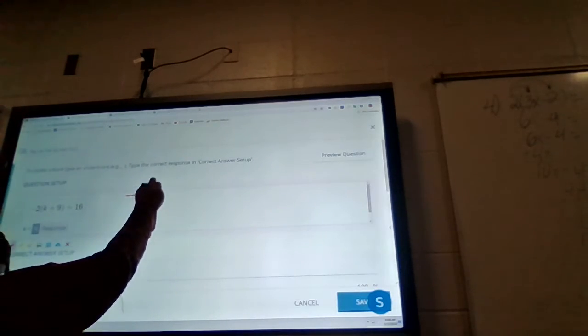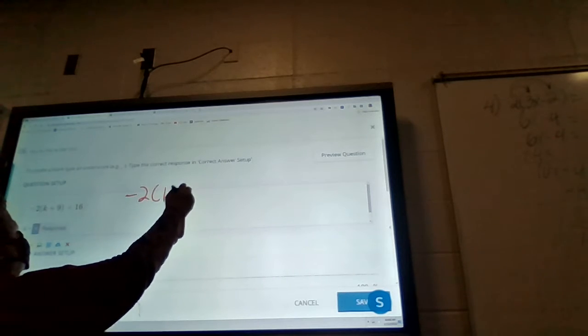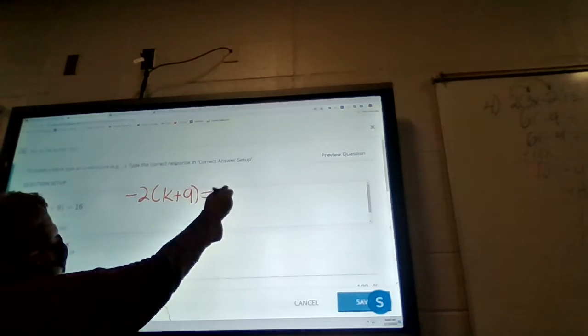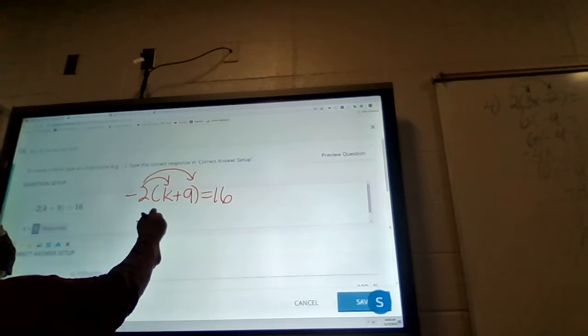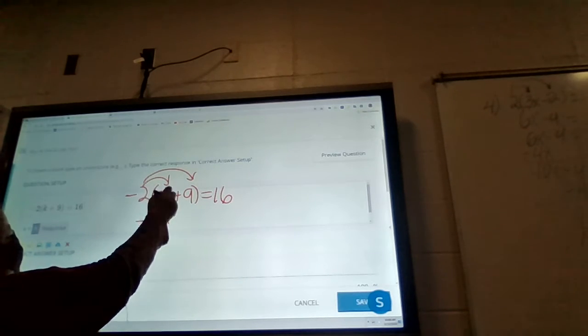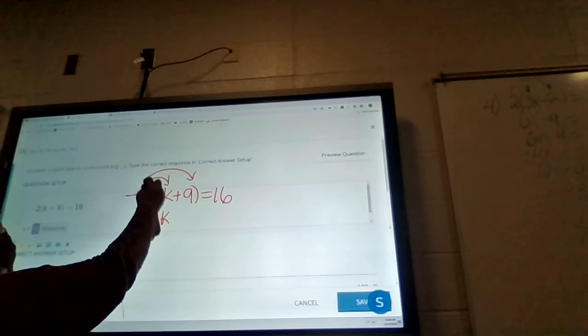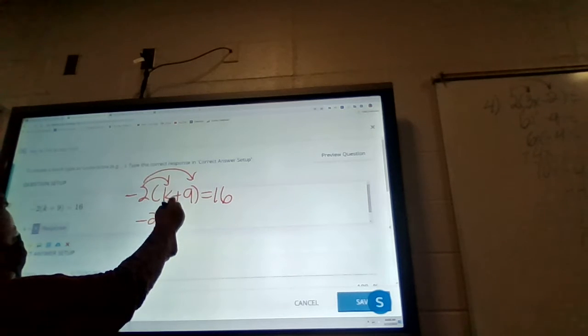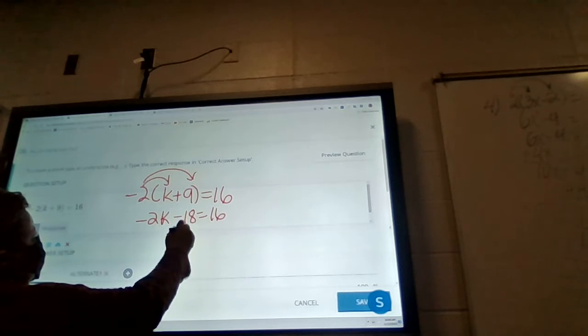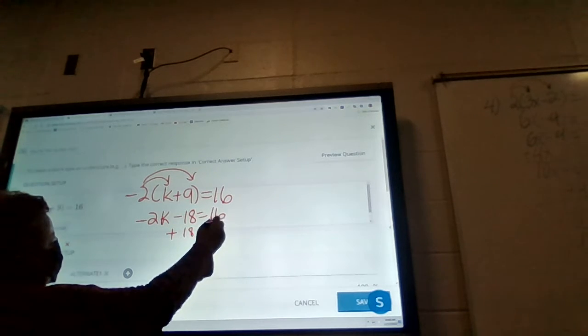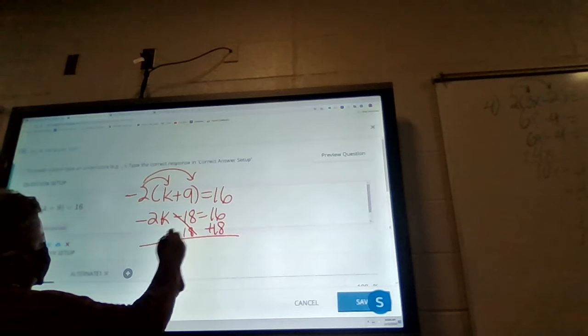Okay, so a negative 2 times k plus 9 equals 16. So we're going to do this and this: minus 2k. Negative 2 times k is a minus 2k. Negative 2 times a positive 9 is a negative 18. Now I did see where somebody forgot to divide by 2.